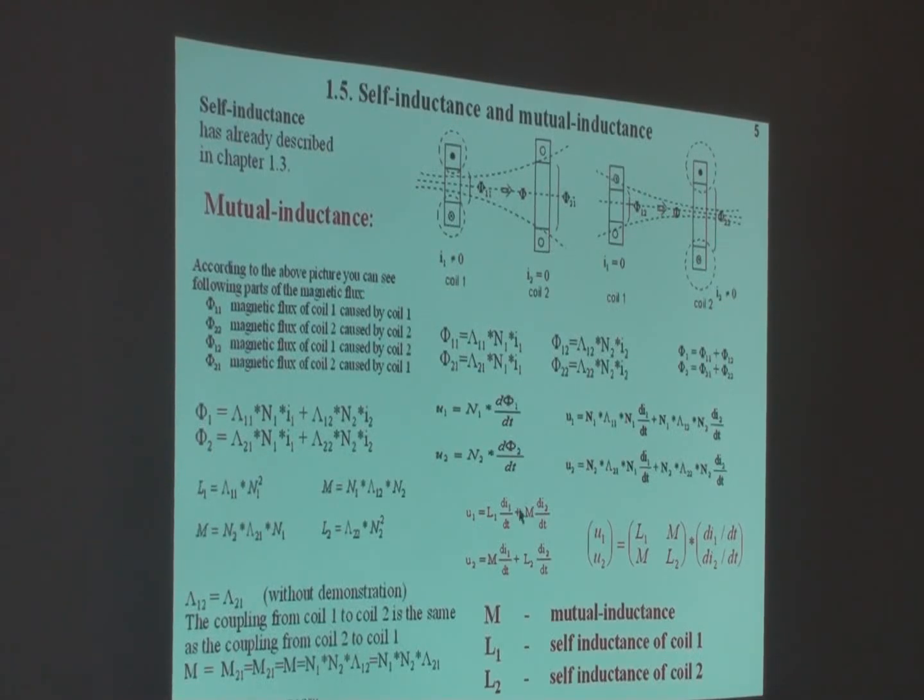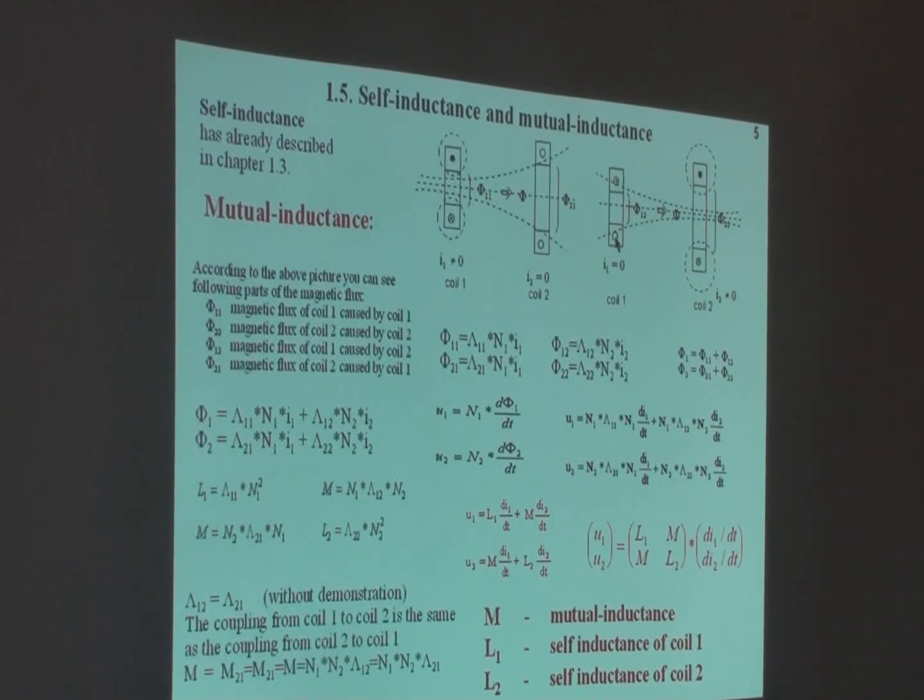Here we have some equations about the magnetic field, and if we do it with the second coil also, we have then an induced voltage here, and they are coupled.